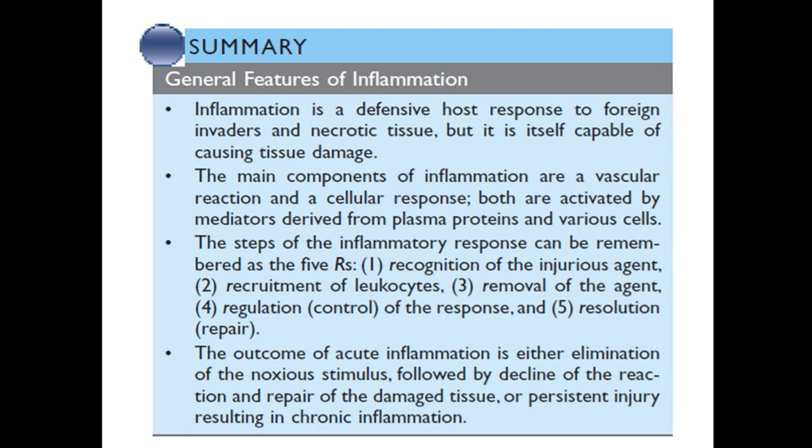Right? Now, as I said, the inflammatory response is a multi-step process, and we start from the recognition of the injurious agent by the immune cells, then inducing the vascular changes, bringing more and more cells to the area of damage by increasing the blood flow.